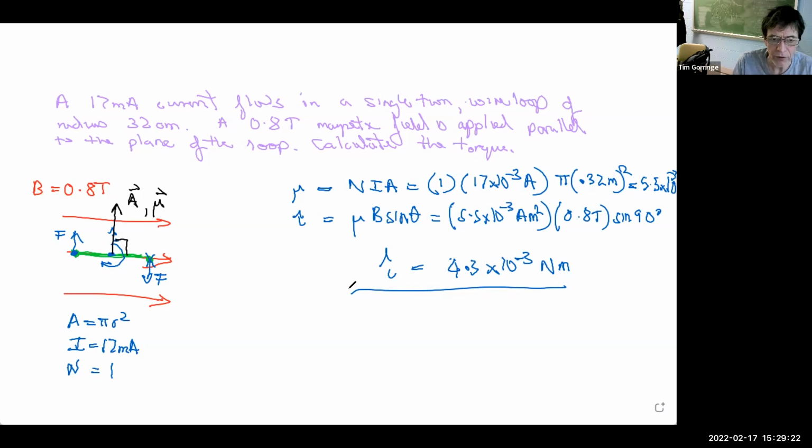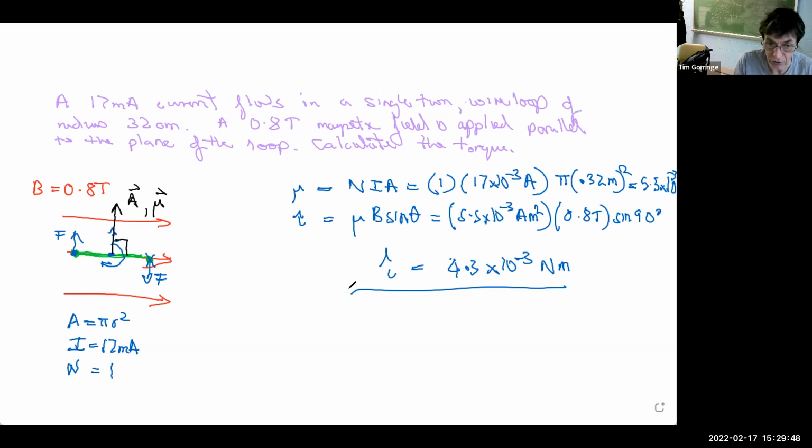We got a maximal value for the torque because our magnetic moment was at 90 degrees to the magnetic field. If we had arranged our loop in the field so that the magnetic moment was in the direction of the magnetic field, or opposite the direction of the magnetic field, we would have got a minimal torque on the loop.